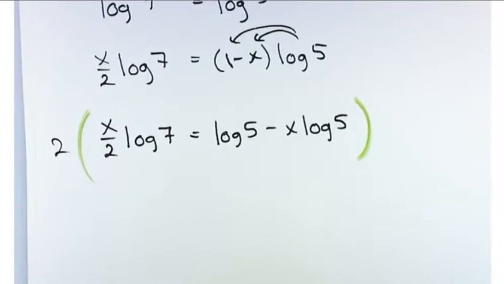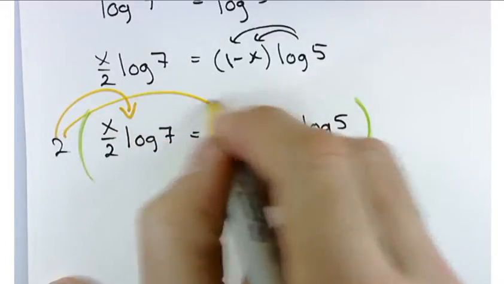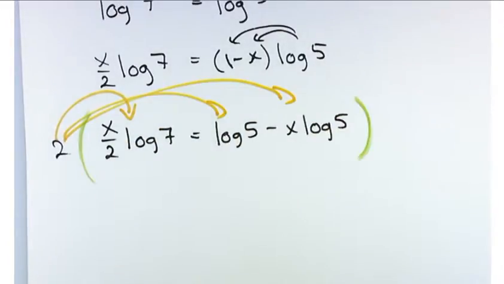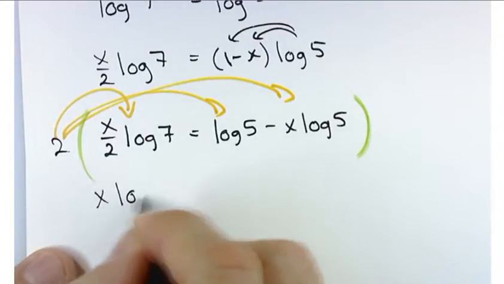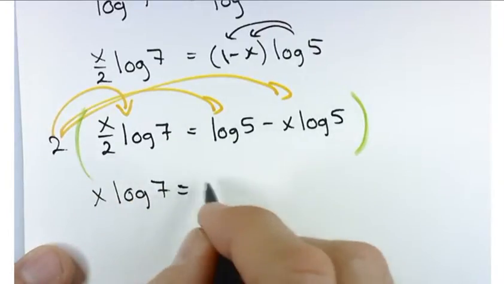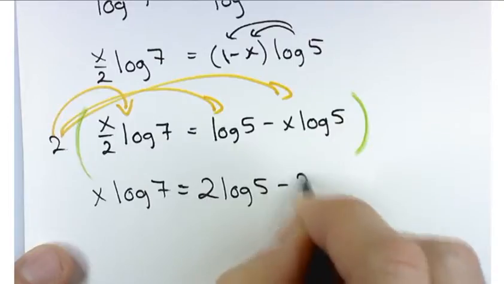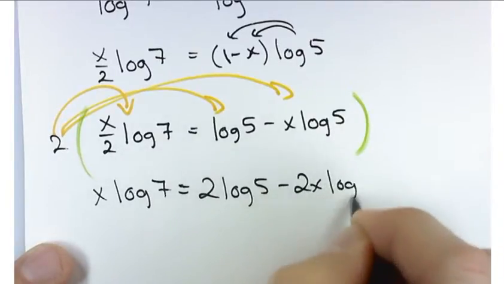And that's going to distribute itself to this term, and this term. Then what happens? Well, I get x times the log of 7, because the 2's cancel, equals 2 times the log of 5 minus 2x times the log of 5.